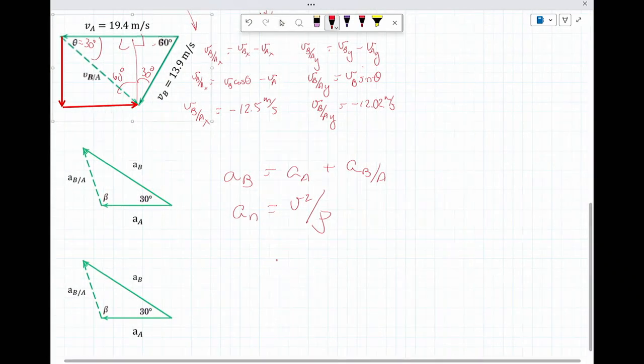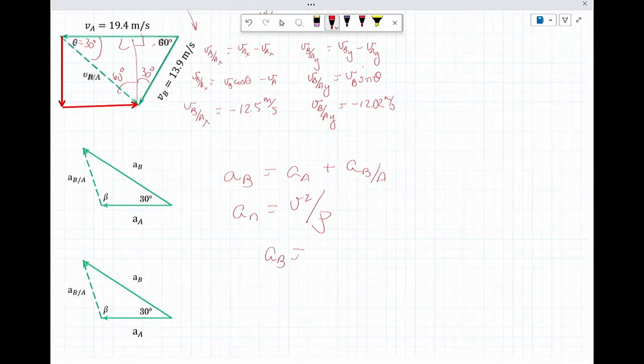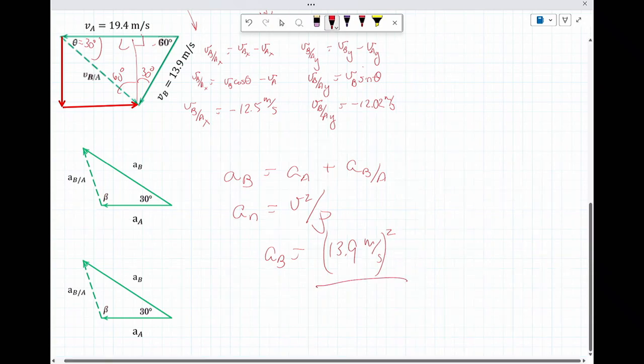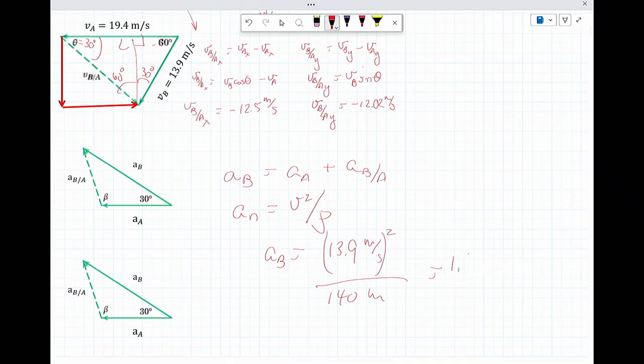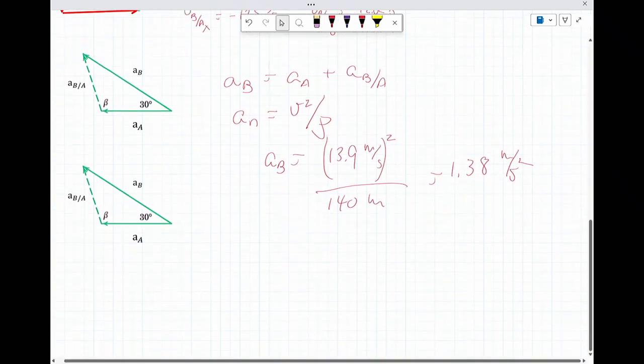So acceleration of B is equal to 13.9 meters per second squared, all over 140 meters, which equals 1.38, 1.4 meters per second squared.